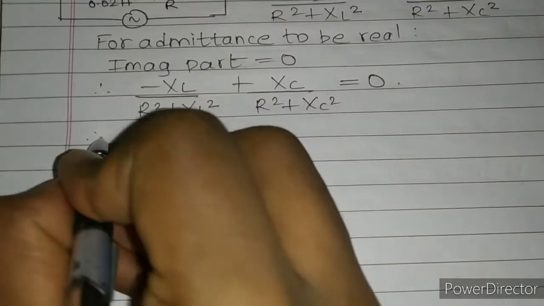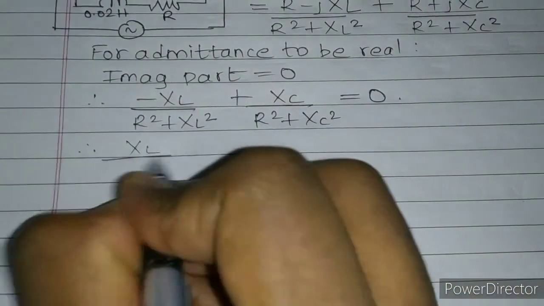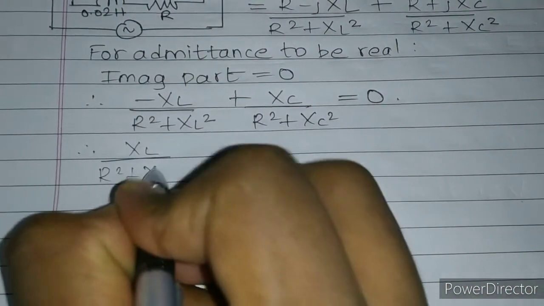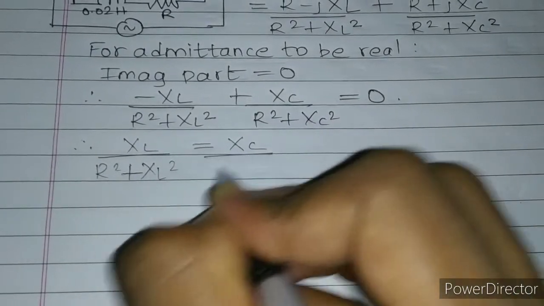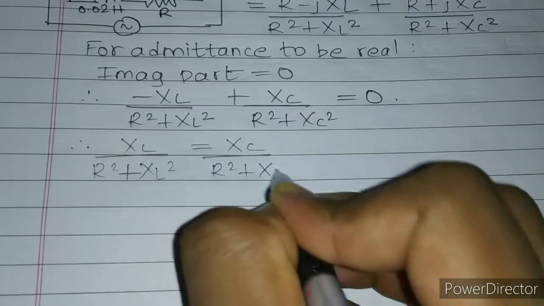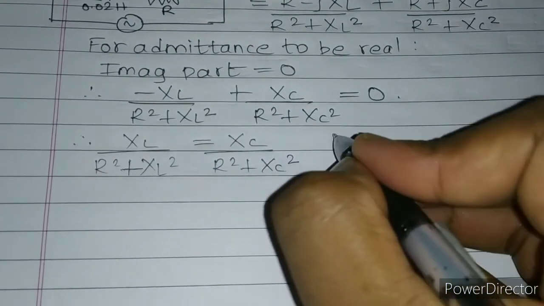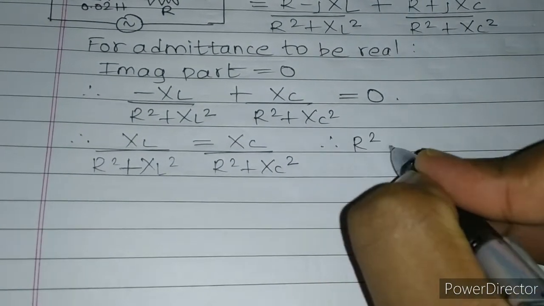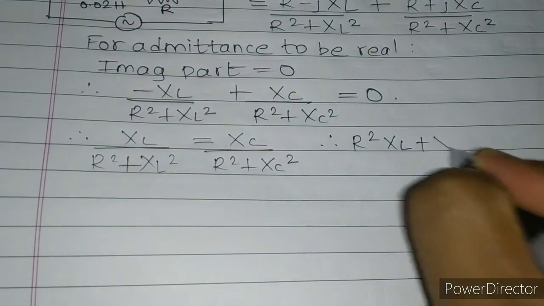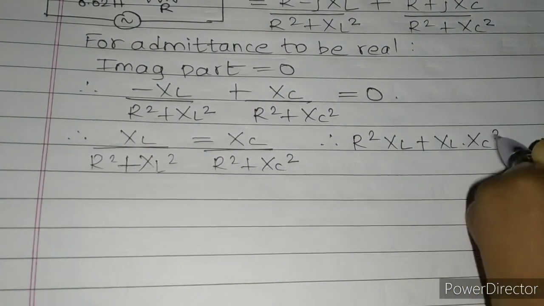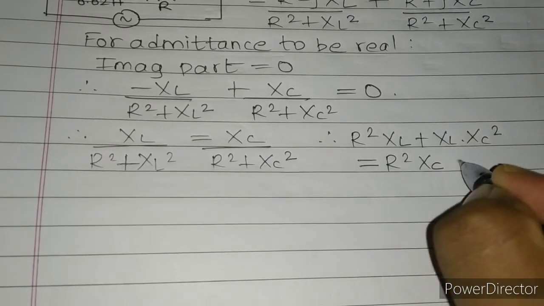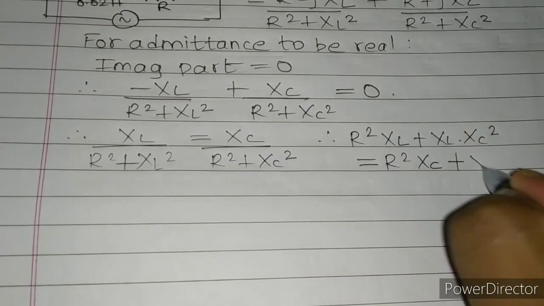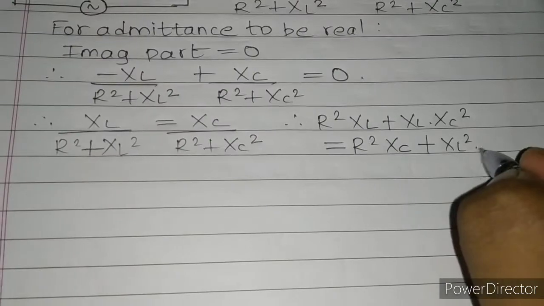Therefore XL upon R square plus XL square is equal to XC upon R square plus XC square. Therefore R square into XL plus XC square into XL is equal to R square into XC plus XL square into XC.